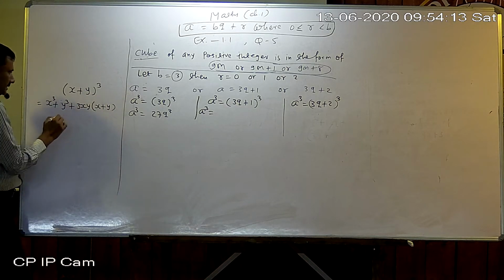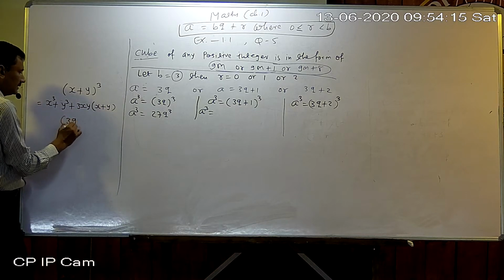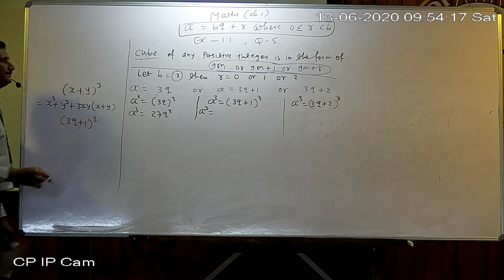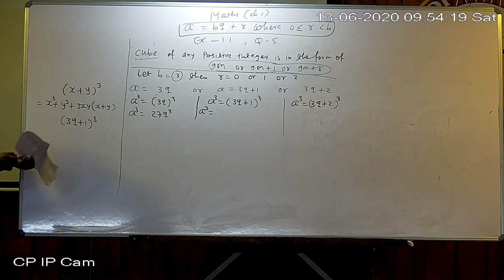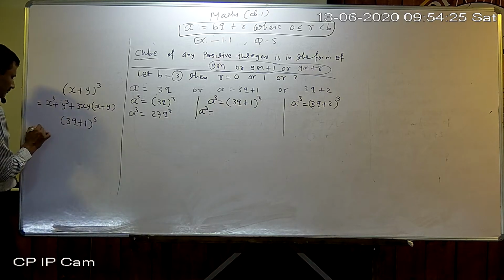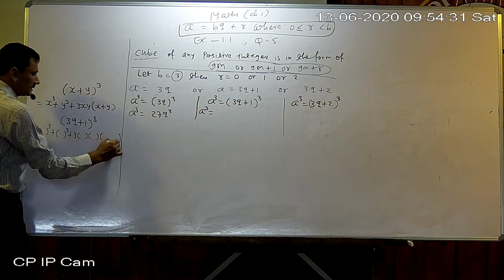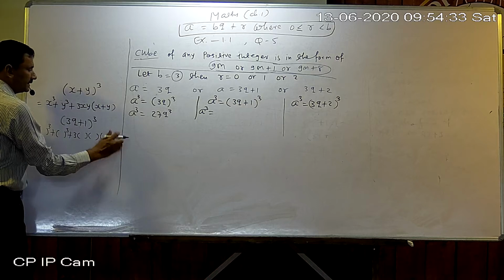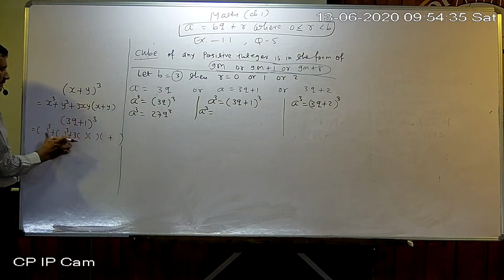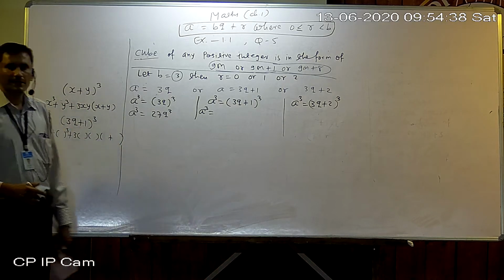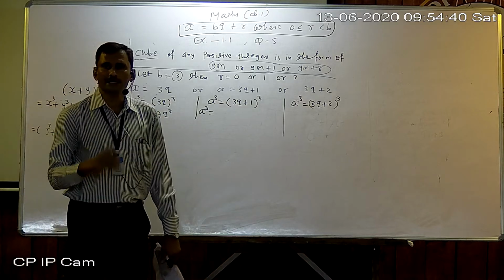How to use it? I am just writing 3q plus 1 here. Now use that identity. Instead of x and y I am writing a blank bracket. So x cube plus y cube plus 3xy into x plus y. I have written this identity, but instead of x and y we have to place the values of x and y.